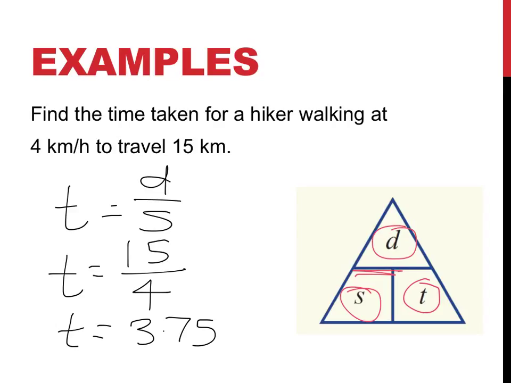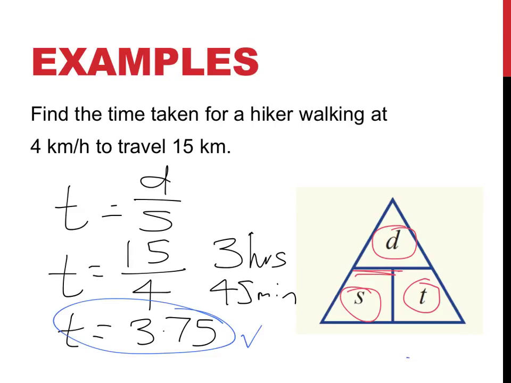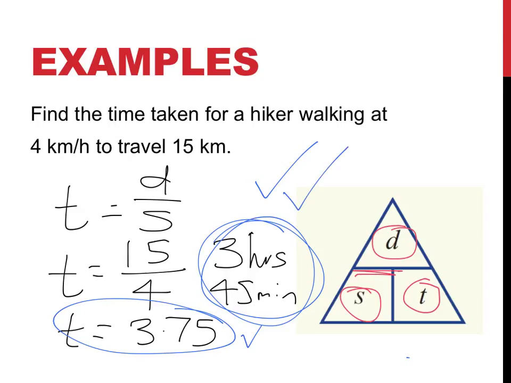That's a decimal. 0.75 is 3/4, so 3 hours and 45 minutes, because 45 minutes is 3/4 of an hour. If you give me your answer like this, I'll be happy with that. I'll take it. If you understand how to get to that step, that's even better.